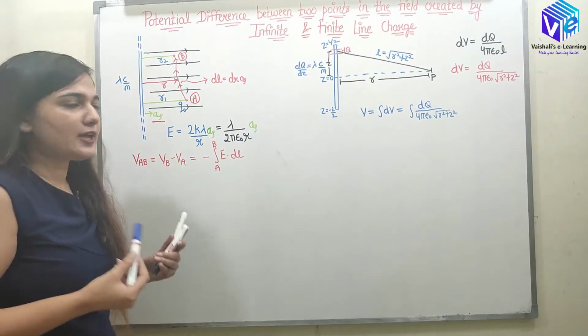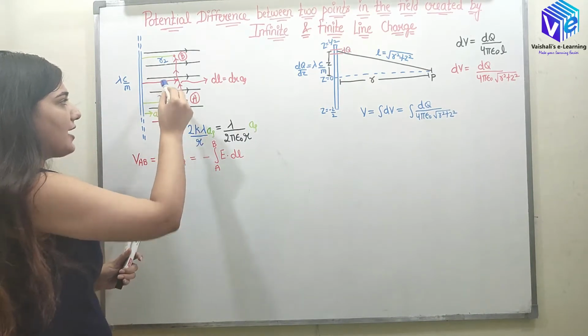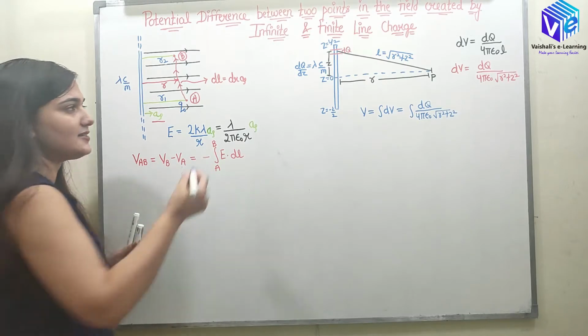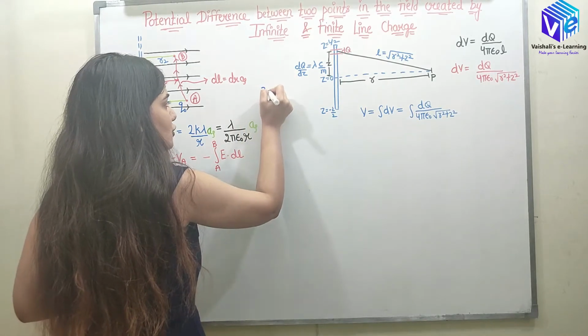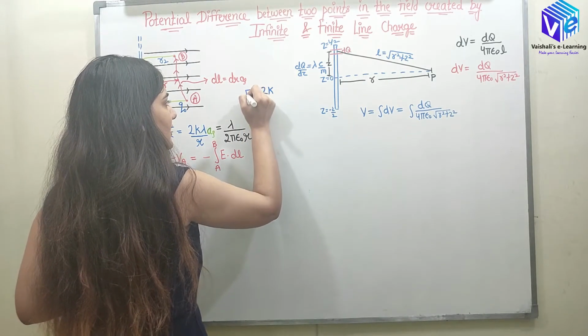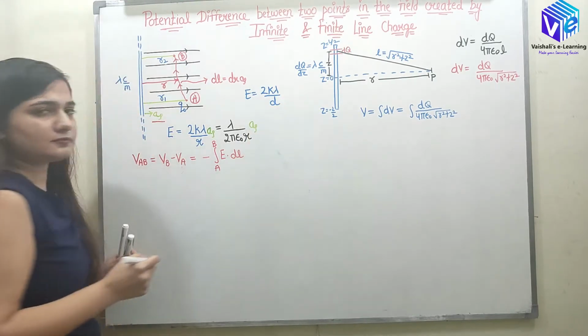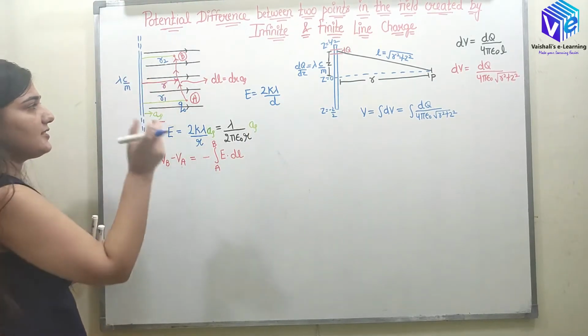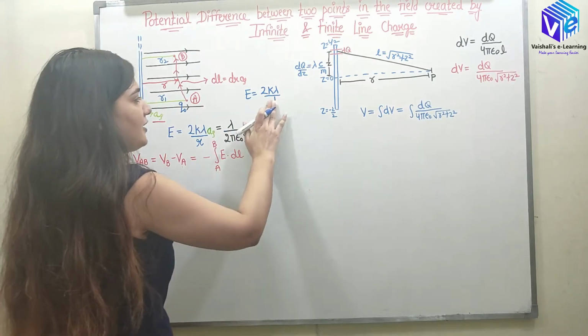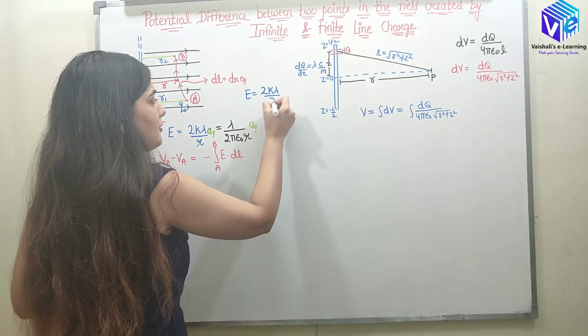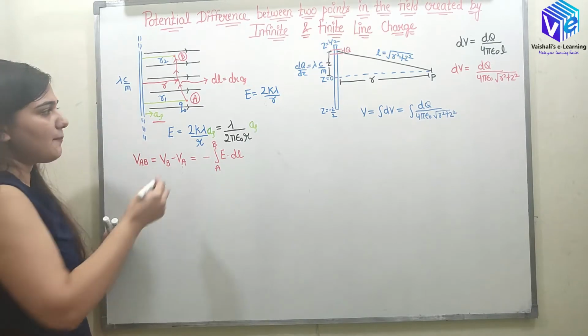It was 2k lambda upon r. There I discussed it in terms of D, so I represented the electric field as 2k lambda upon D. What is D? D is the distance. Here I have taken the distance to be R, so the electric field will be 2k lambda upon R.